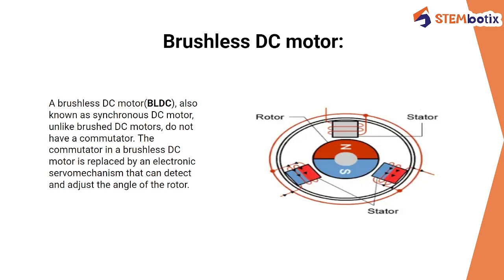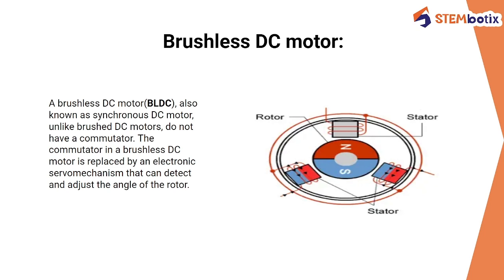Now let's see the brushless DC motor. In a brushless DC motor there are no brushes, and its abbreviation is BLDC. A brushless DC motor is also known as a synchronous DC motor. Unlike brushed DC motors, they do not have a commutator, meaning they do not have brushes or a commutator.